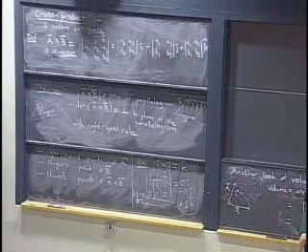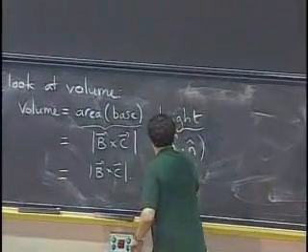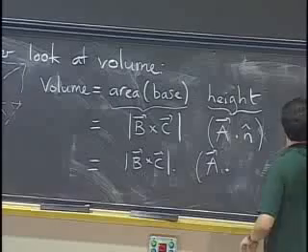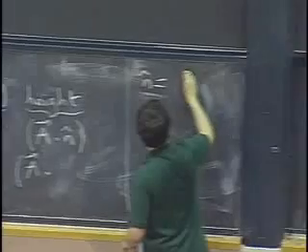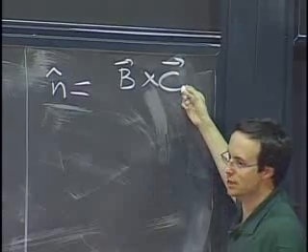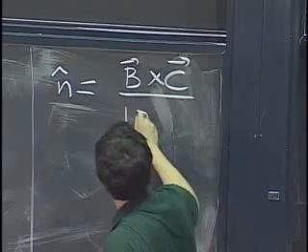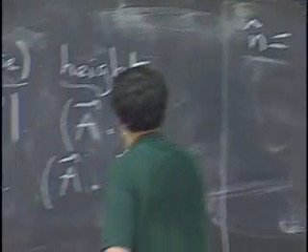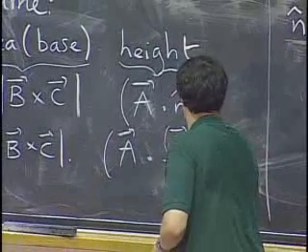So this is still the length of B cross C. And I claim, I should do an aside here, n can be obtained by taking B cross C. Well, that points in the right direction, but it's not a unit vector. How do I get a unit vector? I divide by the length. So I take B cross C, and I divide by the length of B cross C.